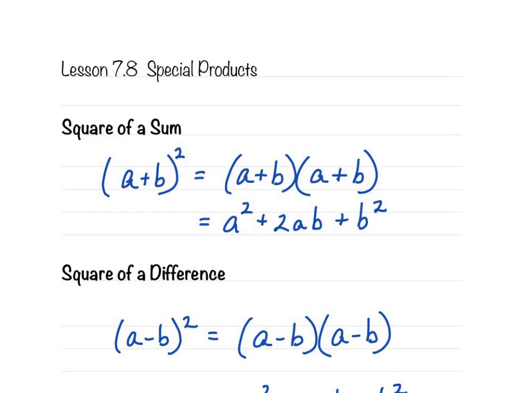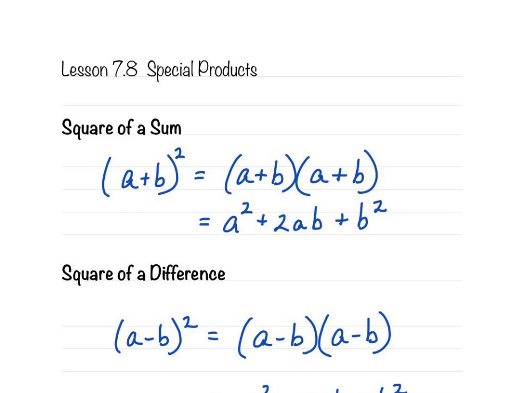The first of those is the square of a sum. If I have a sum like a plus b that's being squared, well, that means it's a plus b times a plus b. I want you to memorize the product. That would be a squared plus 2 times a times b plus b squared.